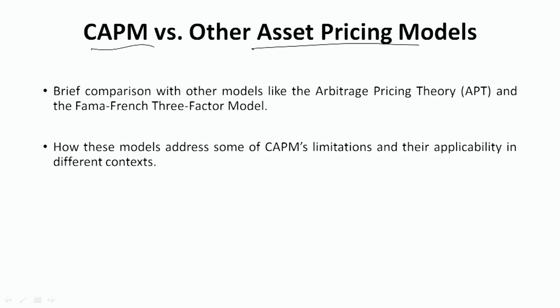They are not used equally, but they are also considered important asset pricing models. One is the APT and the other one is the Fama-French 3-factor model. These are the other models used for asset pricing, and they are preferred over CAPM under different conditions because they limit the drawbacks of the capital asset pricing model.